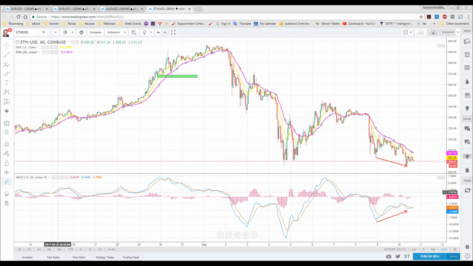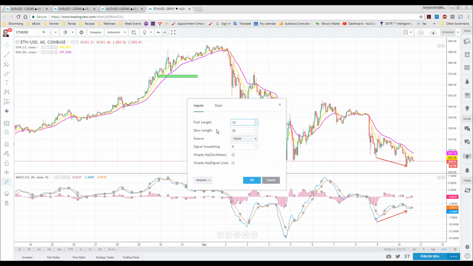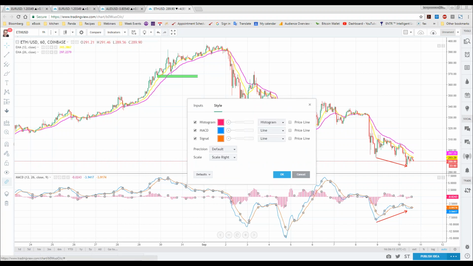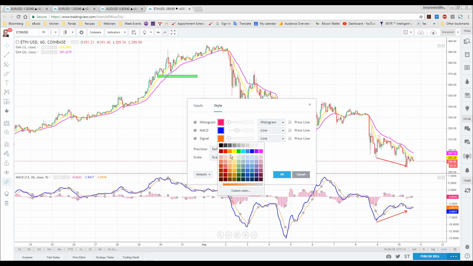So let me make these a little bit easier for you to see here. We're going to get to the histogram in a second. The MACD line, we're going to make a dark blue, and we're going to make it very thick. See that on the bottom now? It's dark blue and thick. We're going to make the signal line gold, and very thick. Let's see if we make it thicker.